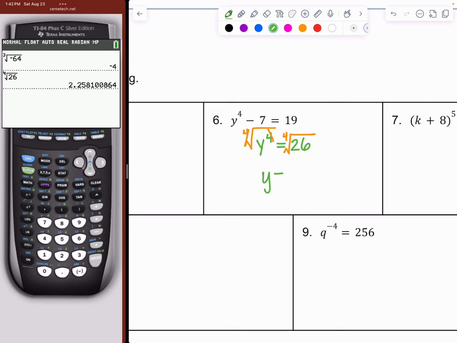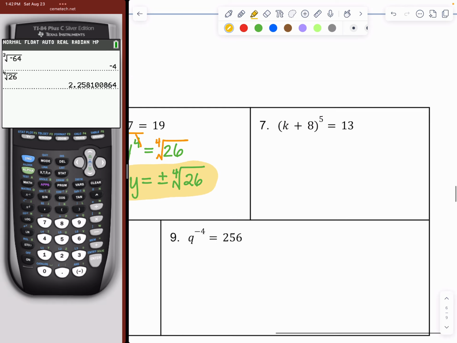So that means y will be equal to plus or minus the 4th root of 26. And don't want to forget that plus minus. All right, so that is my answer there.